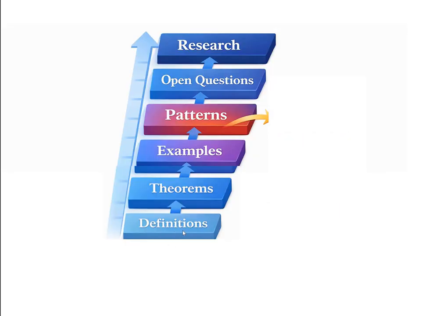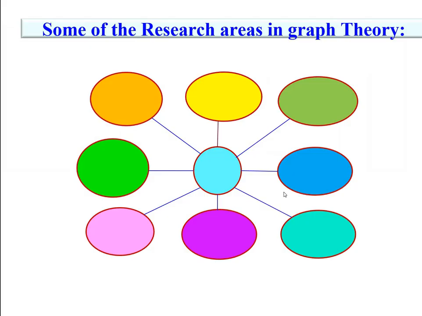So you need to know the definitions, theorems, and examples, and then from them you learn a pattern and ask questions, and then find out the gap in the research, what has been done already, and then you will have your own research. So getting this pattern is actually the milestone in your research.